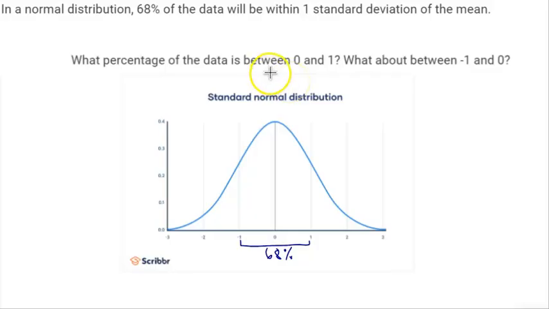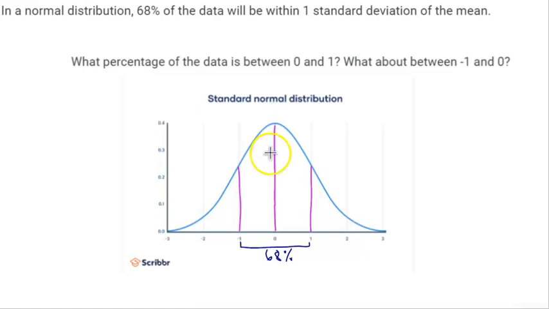So if I want to figure out what percentage of the data is between 0 and 1, then I'm going to need to section off my curve and fill in the percentages for each little piece. So I'll start by marking off the center of my curve as well as the intervals within one standard deviation of the center.